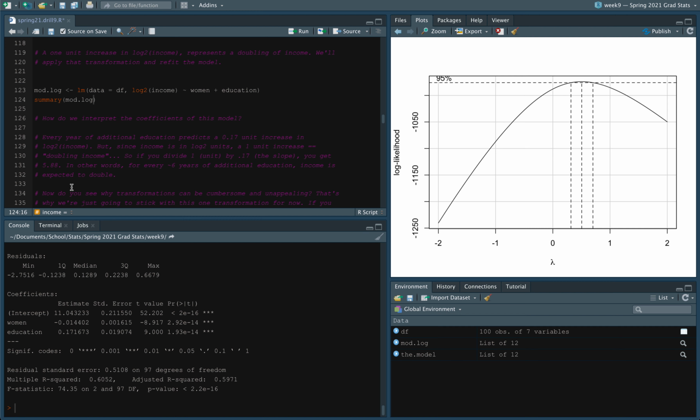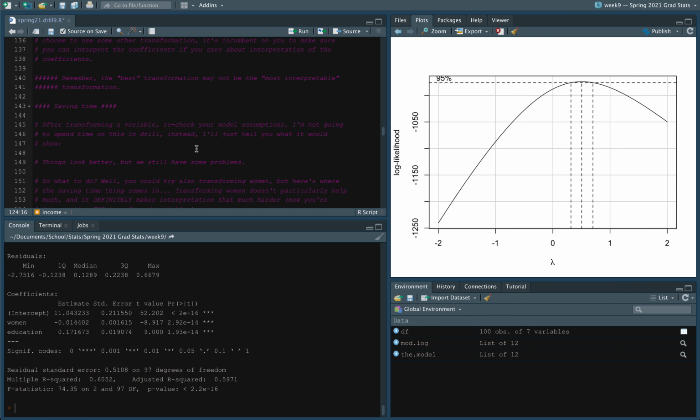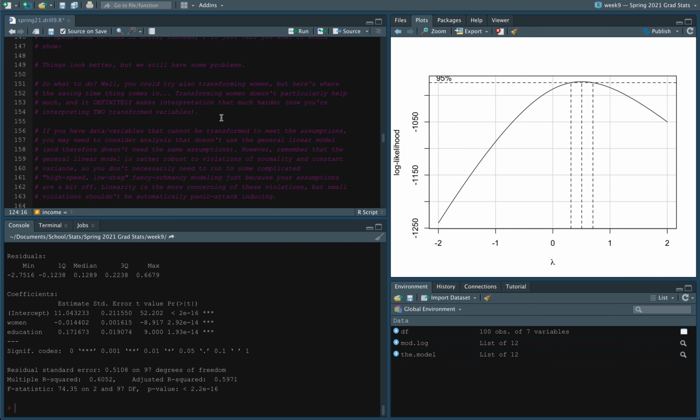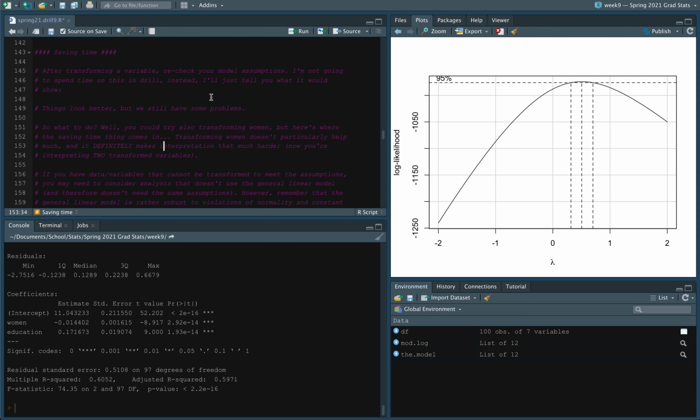The whole transformation thing gets kind of hard to wrap your head around. It can get confusing. But the point is, it doesn't help for this particular model. If you want to try it out for yourself, go ahead. But if you did that and then looked at your model assumptions, you'd still be running into some problems.